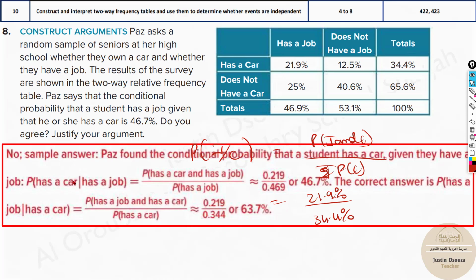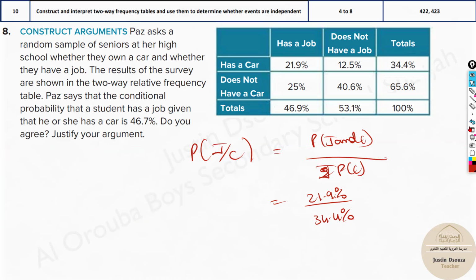You can see over here she has taken the probability of C given J. That means has a car given that she already has a job. So that is the mistake. We will just do this as well.